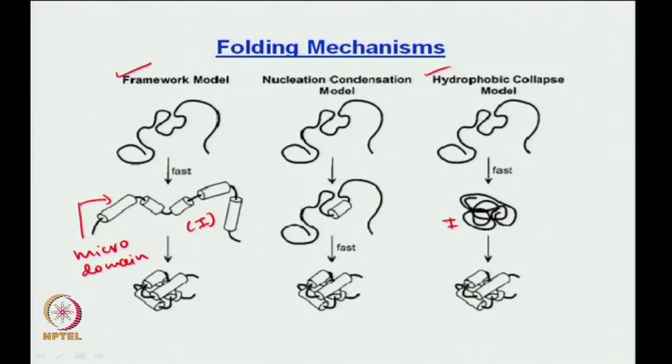Now, what about the nucleation condensation model, the one in the middle? Here the scenario is like this: you start again from an unfolded state, you go to a step in between, where you might form something which is well developed, or something which is not so well developed, that means loose, and then everything falls in place together.